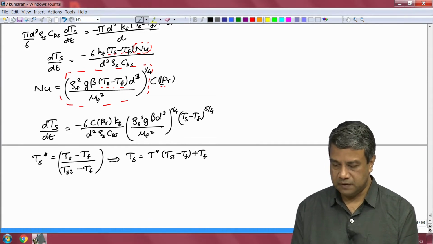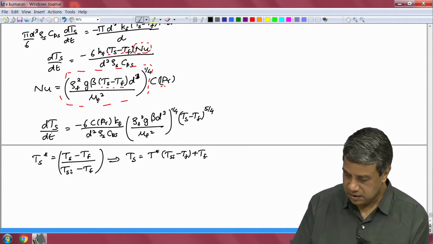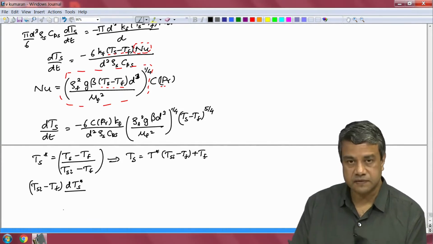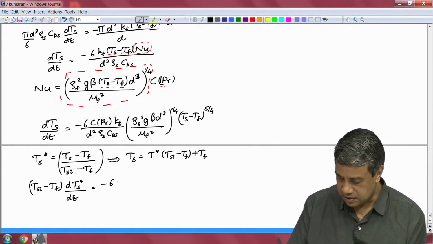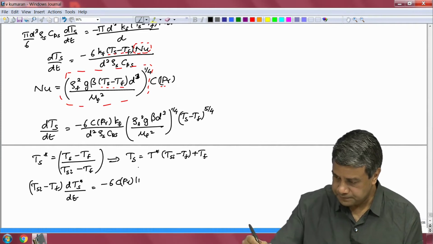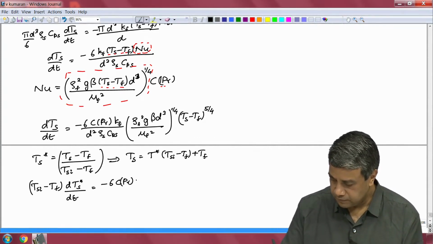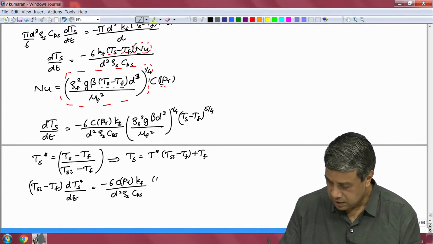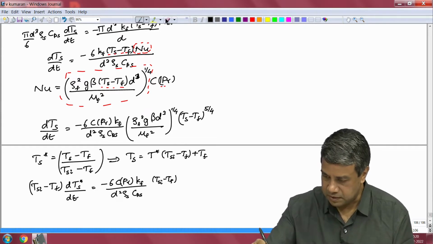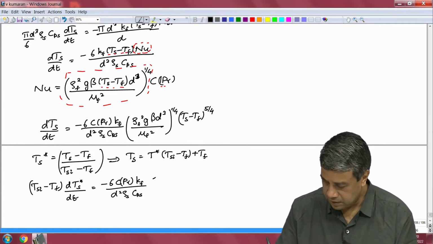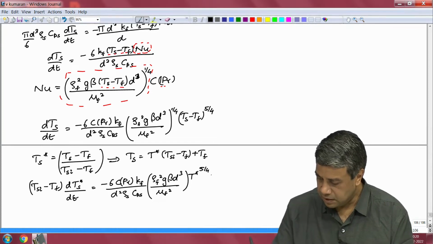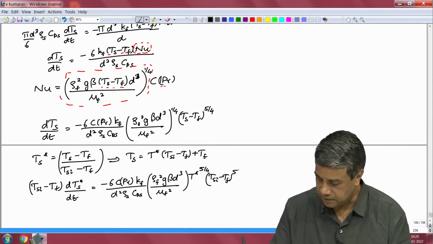So, for the left side I will use this expression. And if I substitute this into the equation, I will get (Tsi minus Tf) dTs star by dt of the sphere equal to minus 6 C Pr Kf by d square rho s Cps into Ts star power 5 by 4 times (Tsi minus Tf) power 5 by 4.